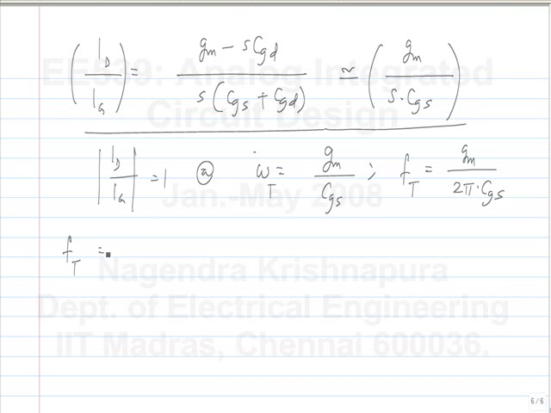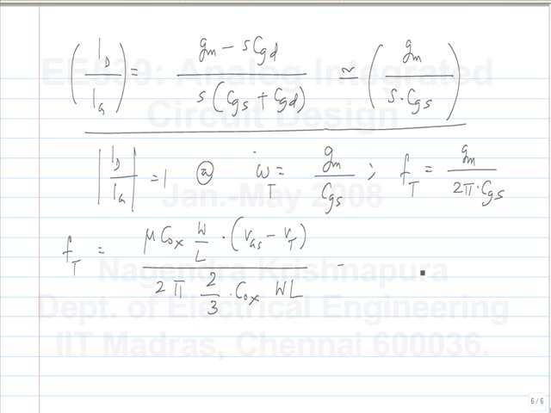FT, as you just mentioned, is mu Cox W by L times (VGS minus Vt), okay, and what is CGS? So 2/3 WL.